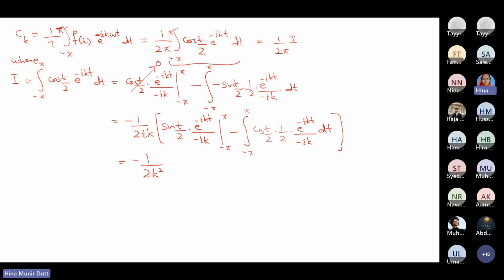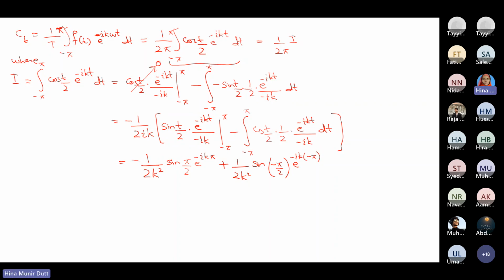So the coefficient of this expression is minus 1 over 2k square, sine of pi over 2 e to the power minus iota k pi, plus 1 over 2k square sine of minus pi by 2 e to the power minus iota k minus pi.